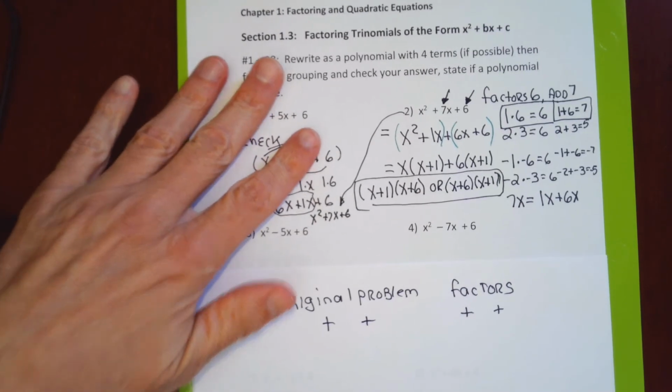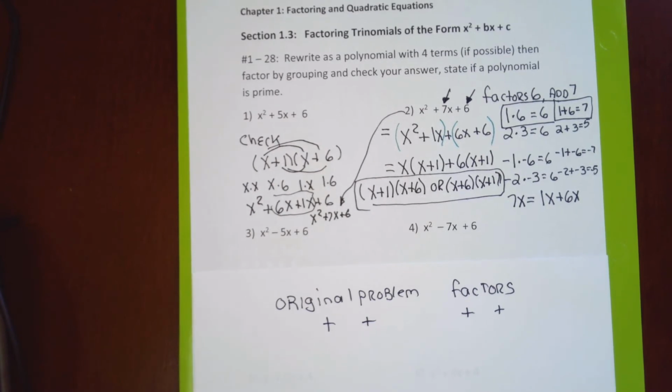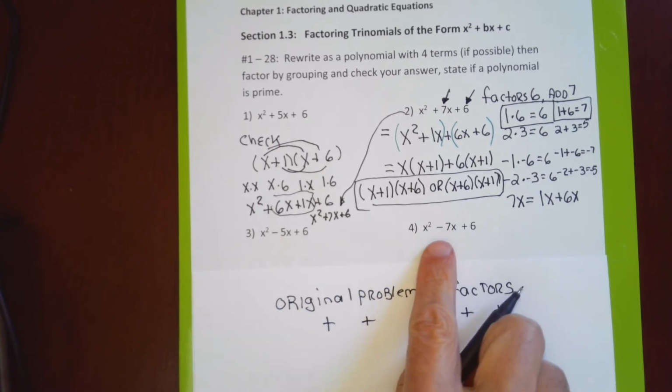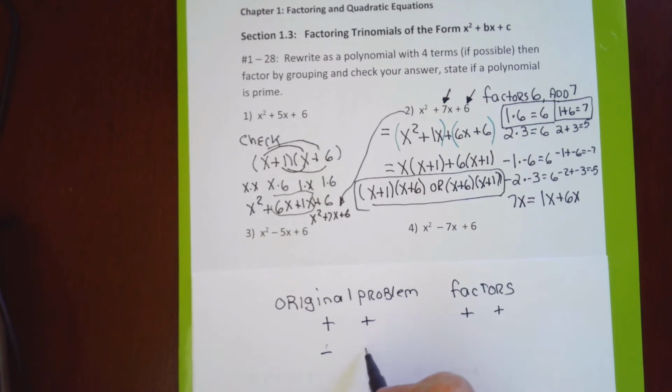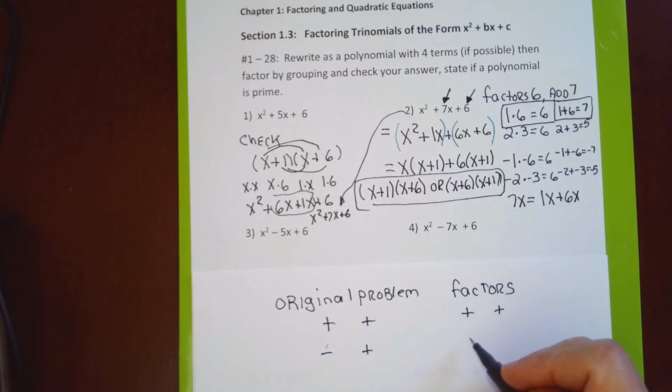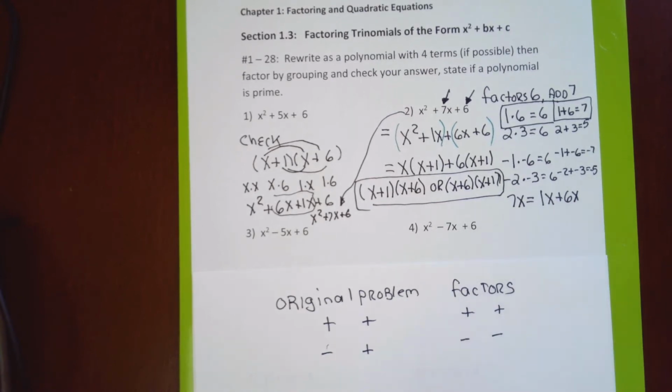When I move on to number 4, the original problem, the first sign is minus, the second sign is plus. When I go to figure out how to split the middle term up, I'm going to look for the double negative numbers that multiply out to be the last number.